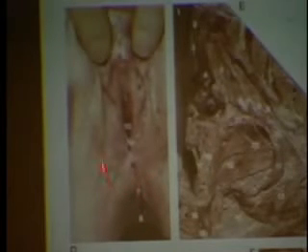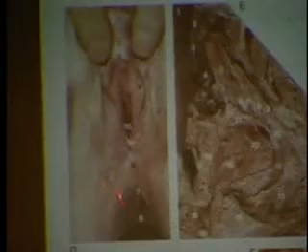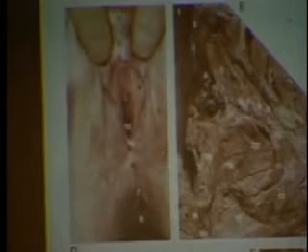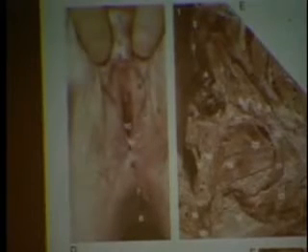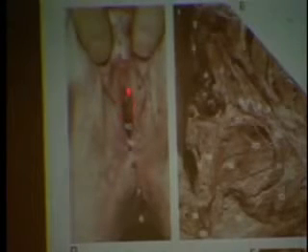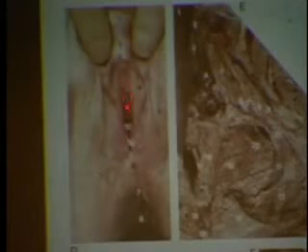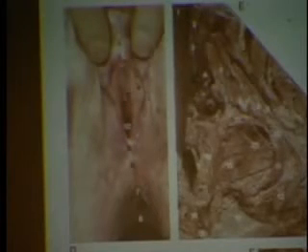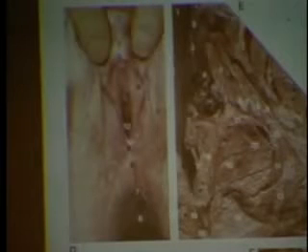So is the anus between the coccyx and the median raphe? No, it's superior here. Is the vagina posterior to the urethra? Here's the urethra, here's the vagina. No, it's anterior to the urethra. Remember, we labeled all of these for you? Part of the body. New slide.